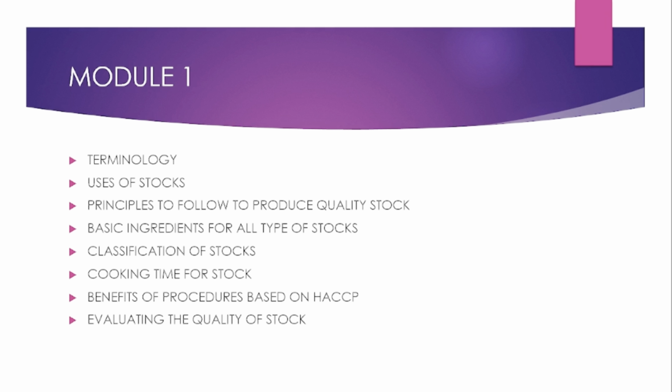Whether classification is going to show up, somehow the examiner is going to put it there. We know that the examiner likes classification, likes you classifying. So we got the classification of stocks, which is point number 5. Yes, if I'm not wrong: 1, 2, 3, 4. Yeah, it's point number 5.